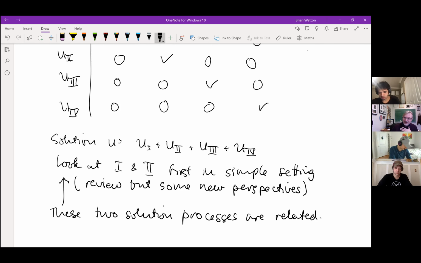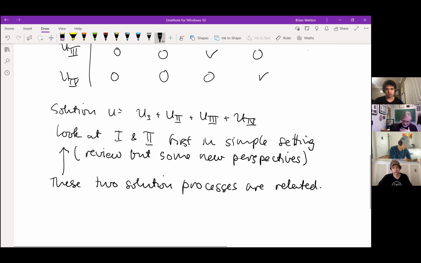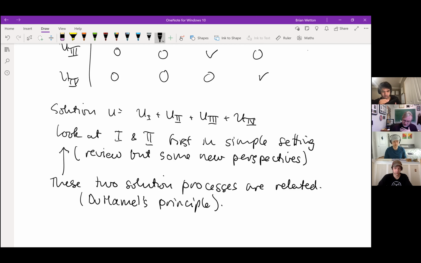In fact, once you solve the initial value problem, you know what the formal expression for the solution to the interior forcing problem is. And this is something called DuHamel's principle. So I'll show you how that works in a number of situations. And one of them should be quite familiar to you.